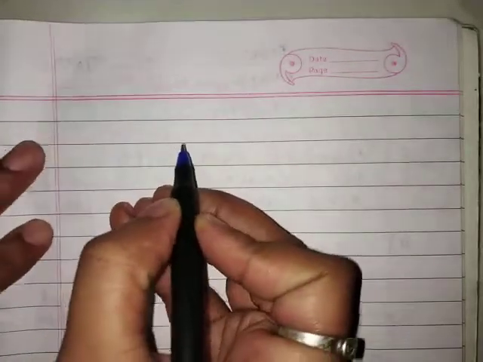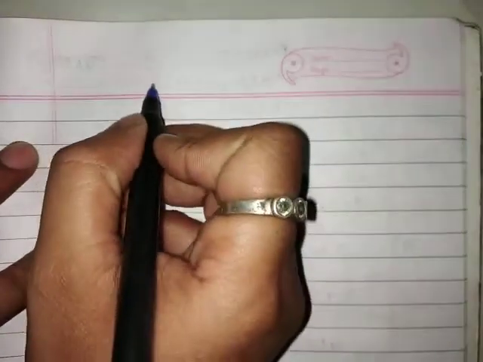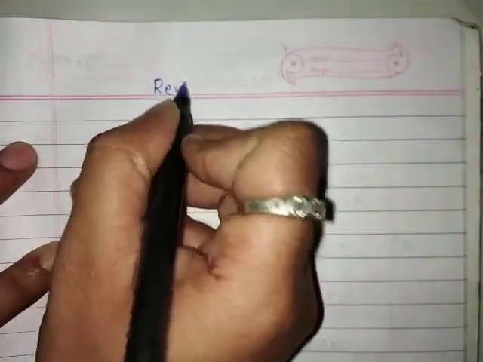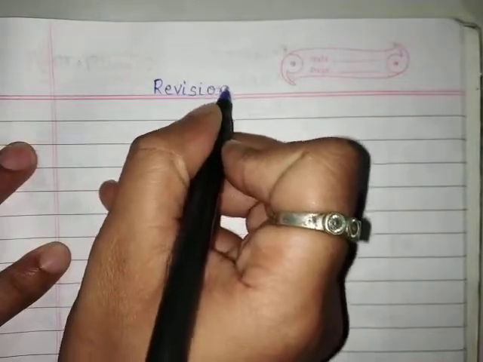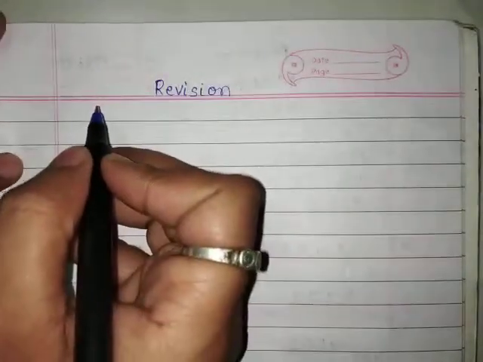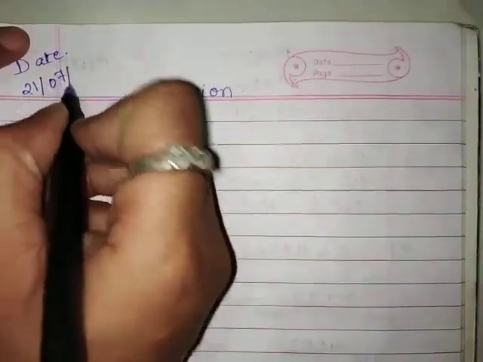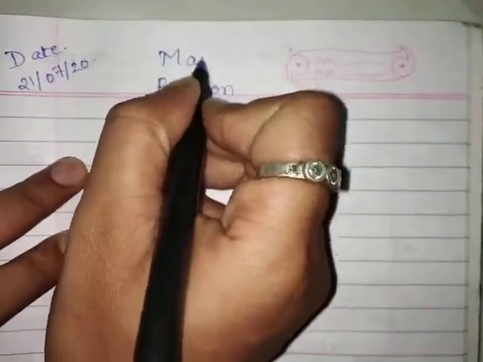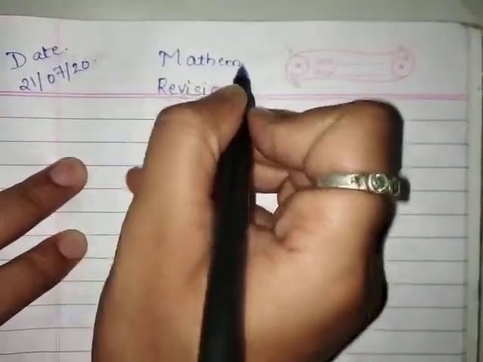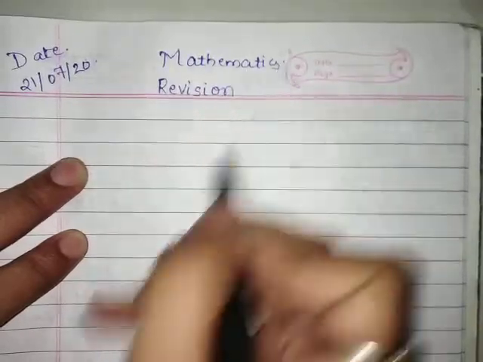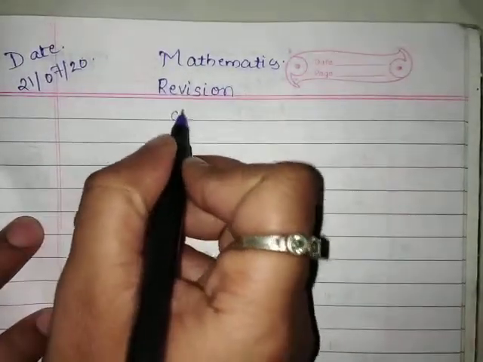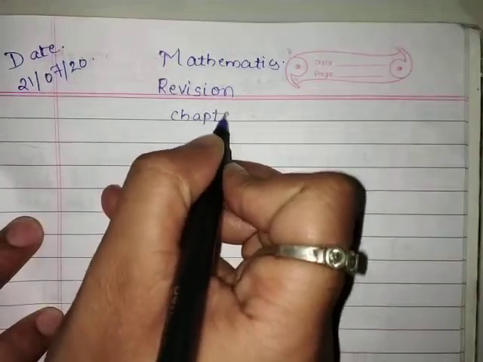So first you have to write it right here, revision and the date. So here you have to write revision of chapter 3rd.